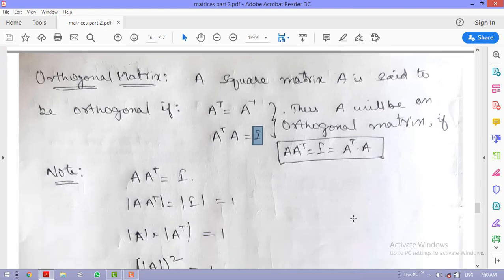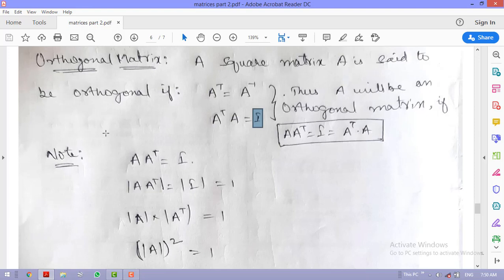Hope you understood this. Now let us see the next note: as I said, A transpose into A is equal to I. If you apply a determinant operation to that, determinant of A into A transpose will be equal to determinant of I, and both will be equal to 1.